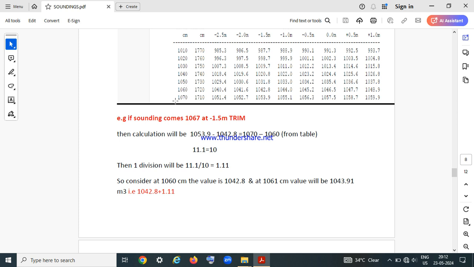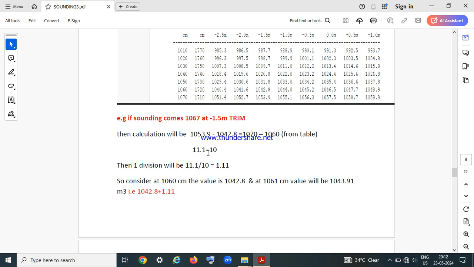We are taking these two values only because we want 1067, not 1071 and not 1059. So we subtract 1060 from 1070, and 1042.8 from 1053.9 as per the table.